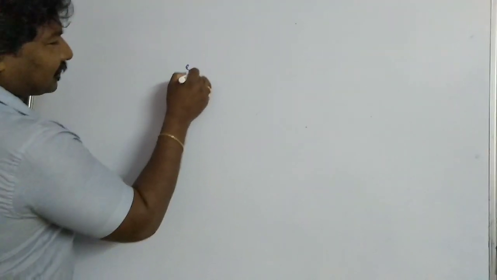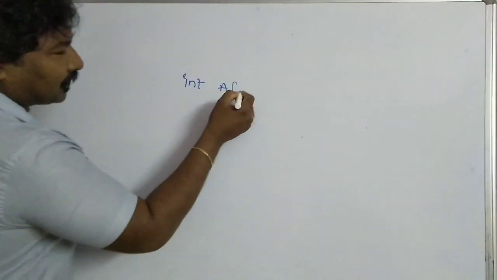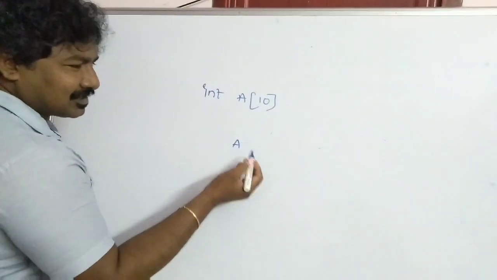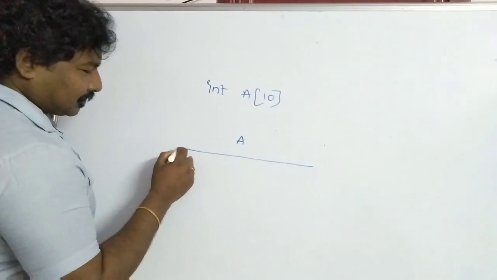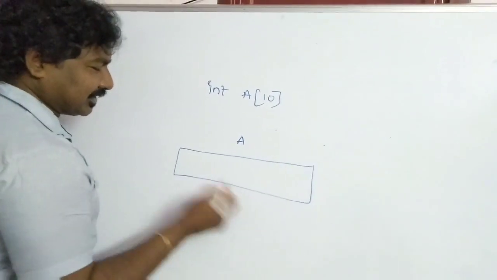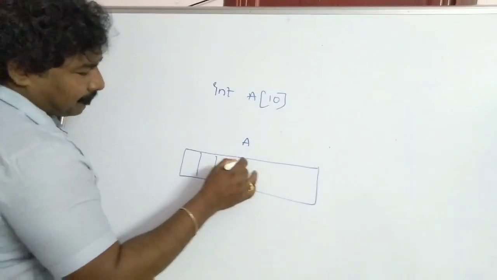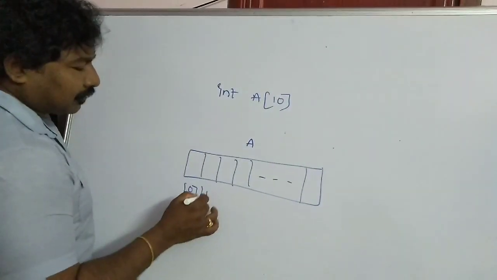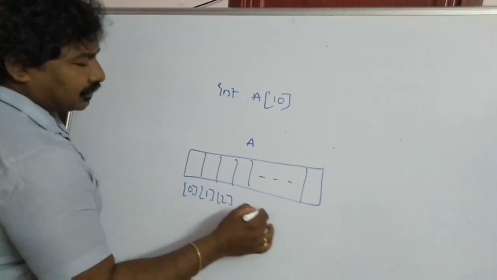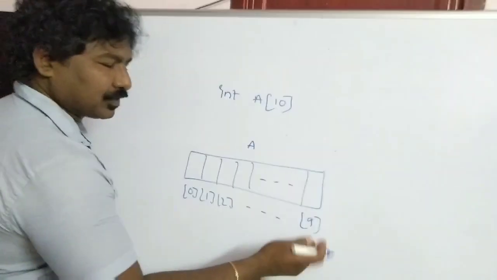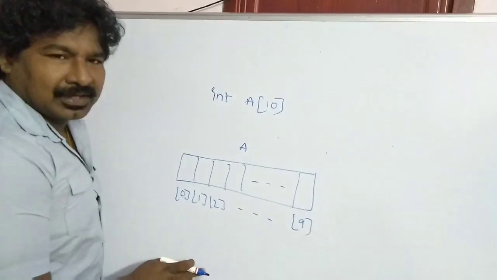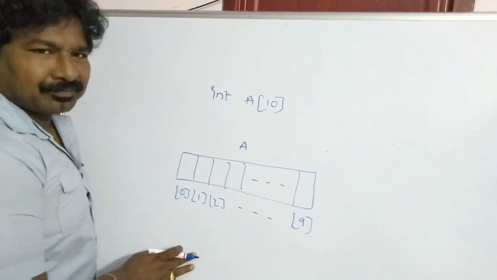If I declare an array like this, int a with the size 10, this means a is an array where I can store 10 elements. The indexes are from 0, 1, 2 and so on until size minus 1, that is 9. So in a, I can store only 10 elements.